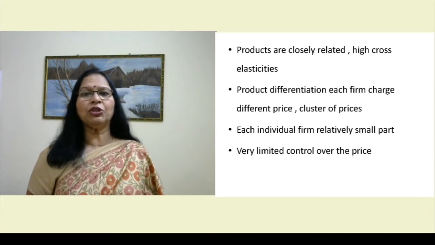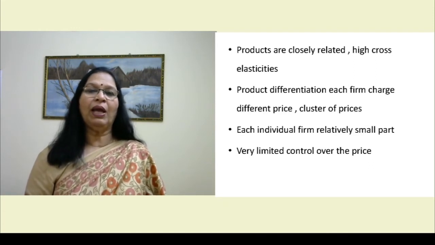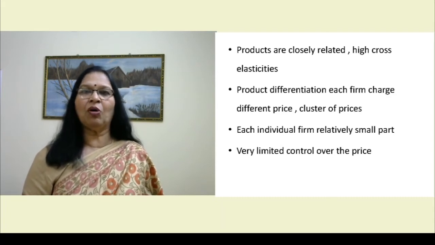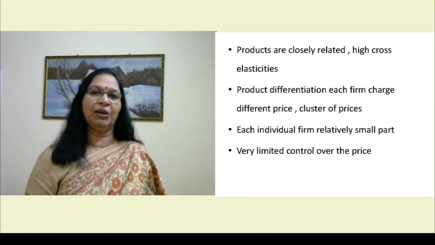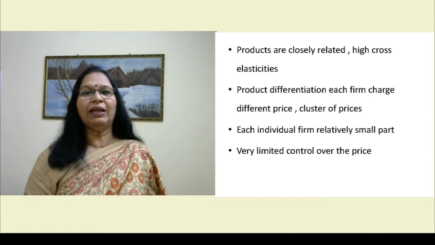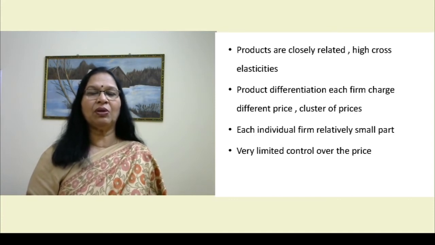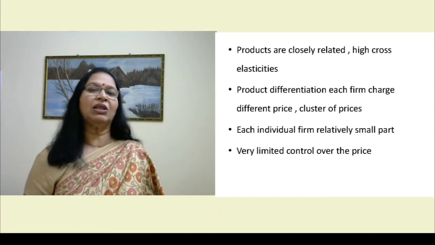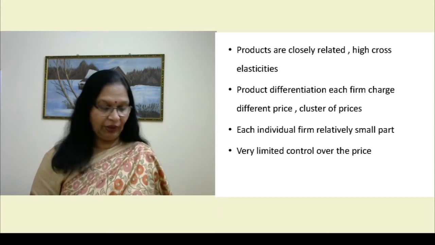If it is toilet soaps, then toilet soap of a particular category is a group, and in that group all the firms will have a relatively small share of the market. They don't generally control the entire market for that particular brand of soap, and each individual has very little control over the price, because the others are also closely related products, so they have a downward sloping demand curve.